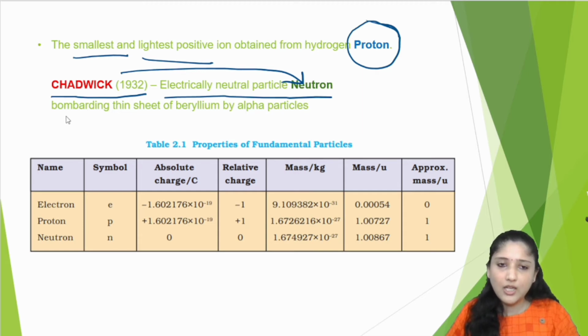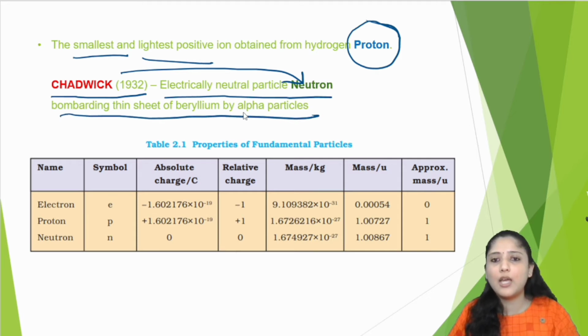How did he do it? He did an experiment by bombarding a thin sheet of beryllium by alpha particles. These are just an introduction about the discovery of different subatomic particles and the experiments. There is no need to study the experiments in detail according to the new syllabus.